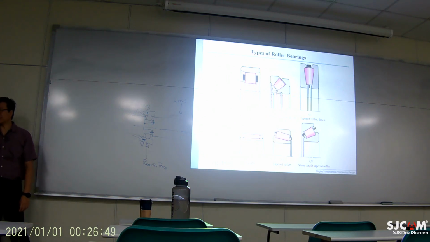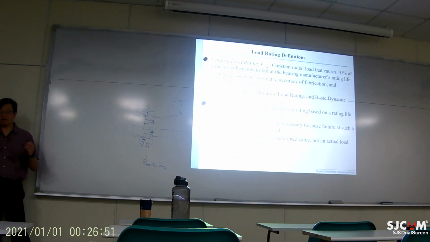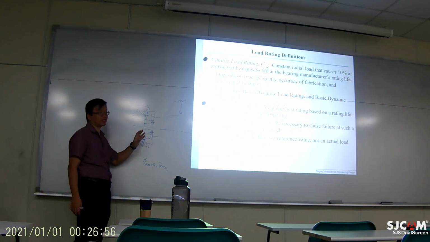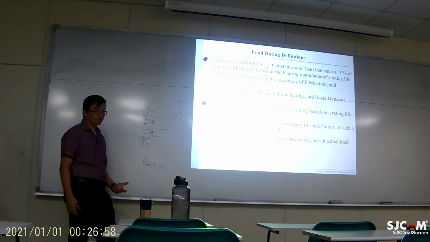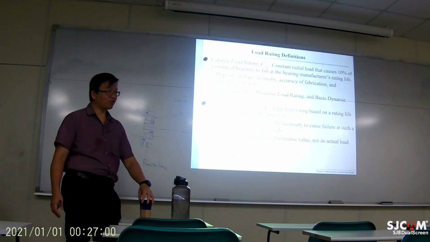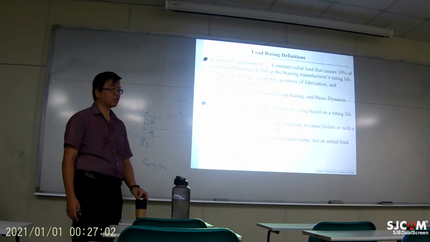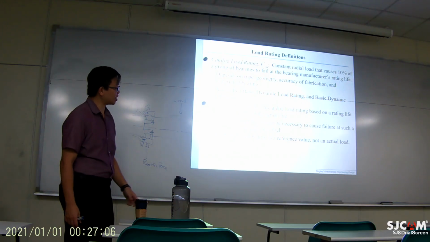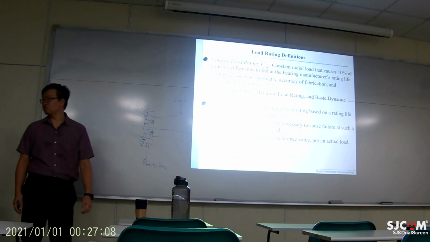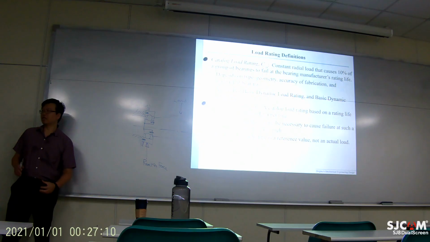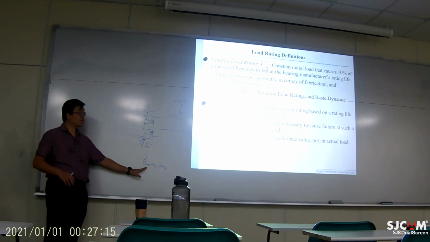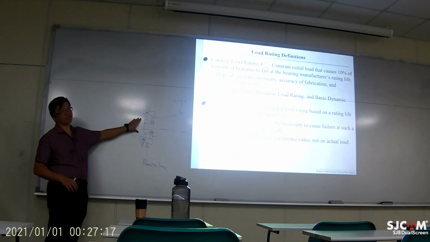But how do we design it? The load distribution inside the bearing is very complex. There's no exact analytical model for it. So they realized you can use a statistical approach to study the relationship between how much load you apply and how many cycles this bearing can last, like the life.